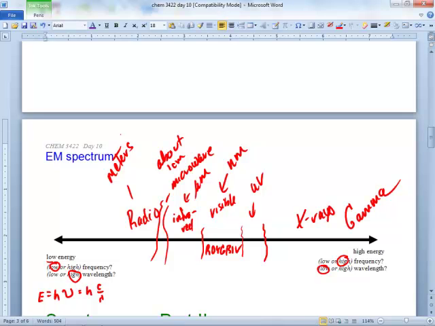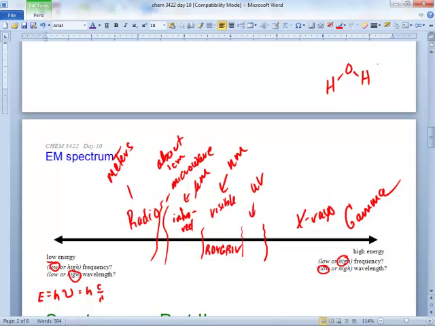Transfer energy, yeah. Microwaves exactly match the energy necessary to make this molecule do what? Vibrate is higher energy.